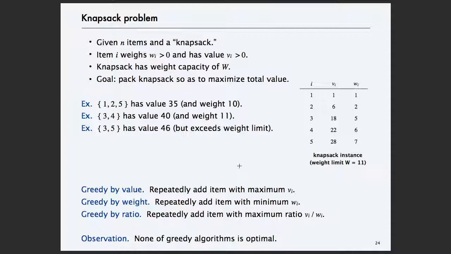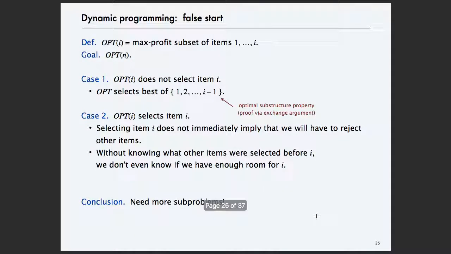But since you're going to waste some at the end, that still doesn't get you the optimal. Adding the maximum ratio may fill up 51% of your knapsack, and now you don't have anything else. That kind of stuff.